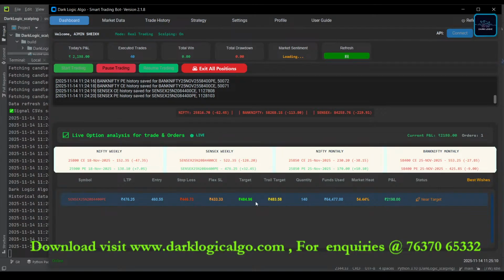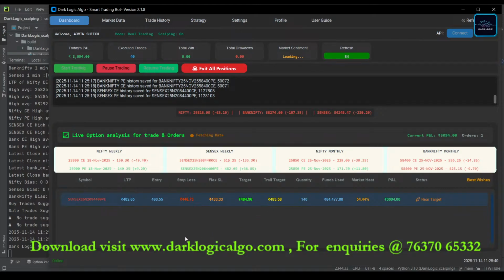So whenever it reaches the trail target, it will automatically start trailing your position. It's 473.9 last LTP. So whenever it reaches 483, then it will automatically start trailing your position. But as the target is 484, it will exit the position at 484.96.